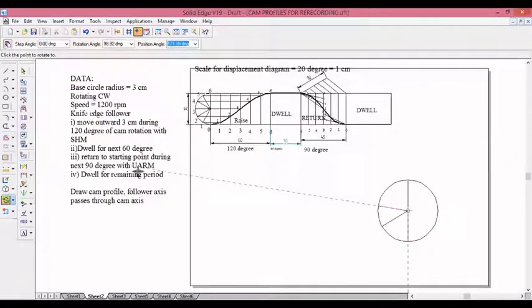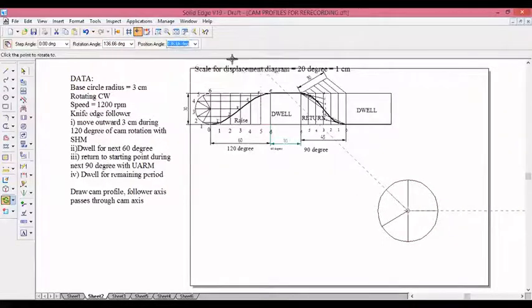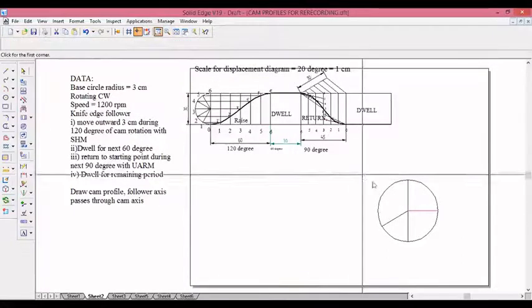Then after 60 degree we have 90 degree. So keep protractor at that point. From this line reference, measure 90 degree. So remaining will be 90 degree by default. I show the angle.